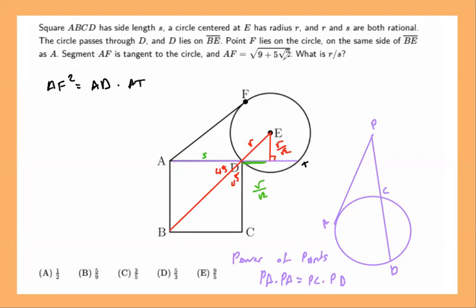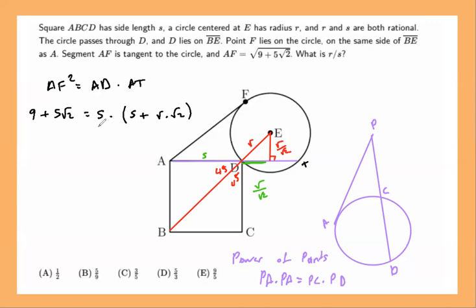So AF squared gives you 9 plus 5 root 2 equals AD, which is S, and AT is not that great, but we'll see: S plus 2 times R over root 2, which will be 2R over root 2. So 2 is root 2 times root 2, which will cancel the root 2. That will be R root 2.